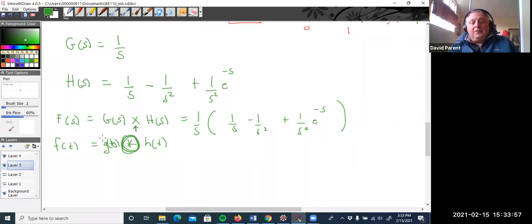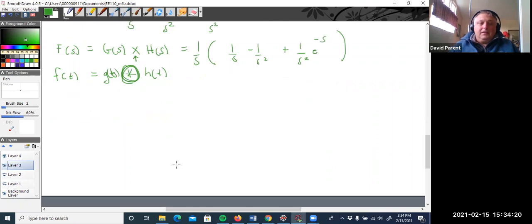And so what we do is we convert things to the S plane, multiply them, subtract them, divide them, and then take the inverse Laplace transform, all to avoid the calculus. All right. So all we have to do is multiply this out.